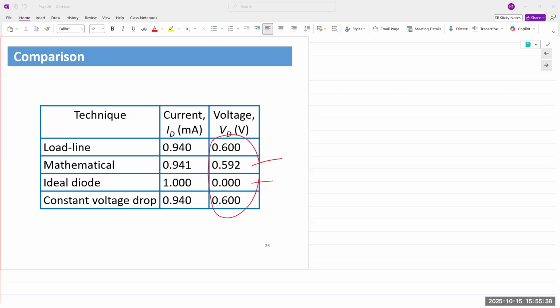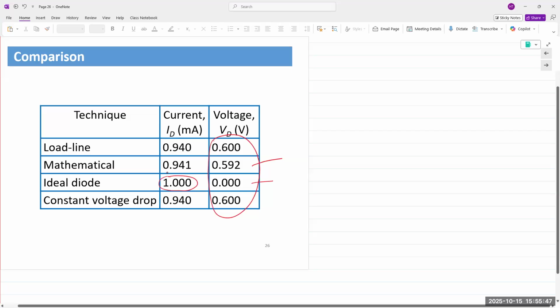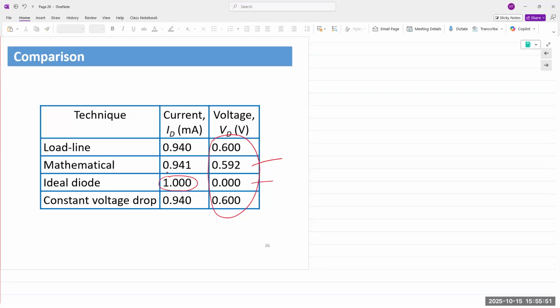But look at the currents. Even though we chose 0 volts for our model, the current is not too far off from the rest of the 3 calculations. 0.94, 0.94, 0.94, all 3 of them match up.